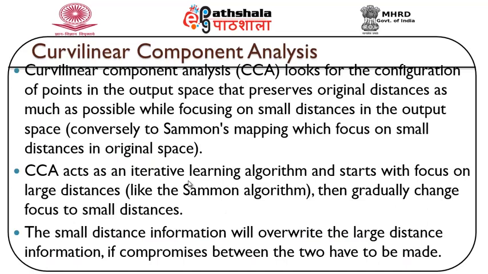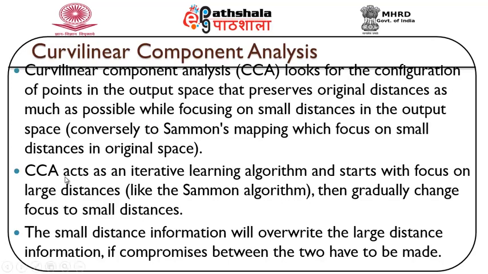The next kind of visualization is curvilinear component analysis. Curvilinear component analysis looks for the configuration of points in the output space that tries to preserve the original distances as much as possible while focusing on small distances in the output space. This is converse to the Sammon mapping, which tries to focus on small distances in the original space.